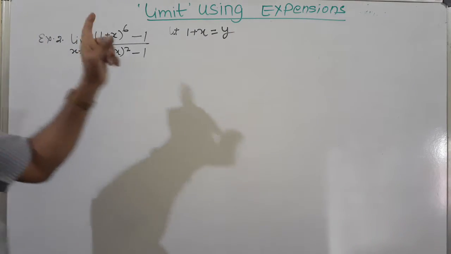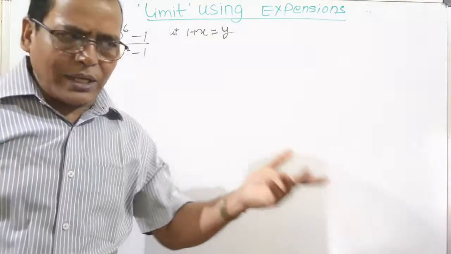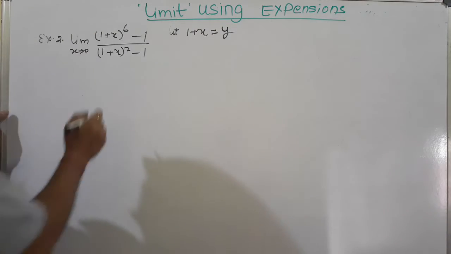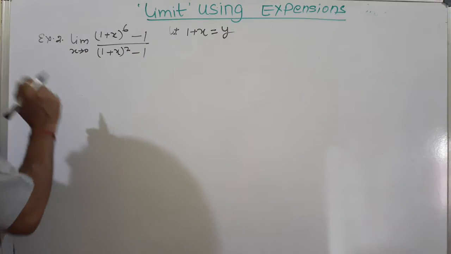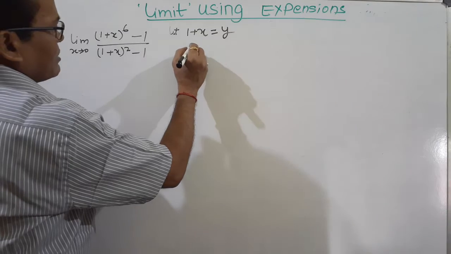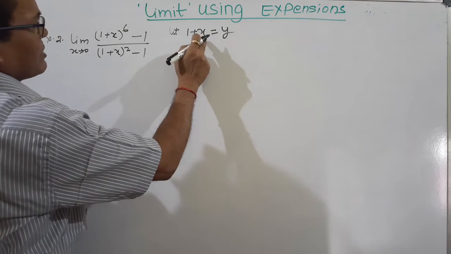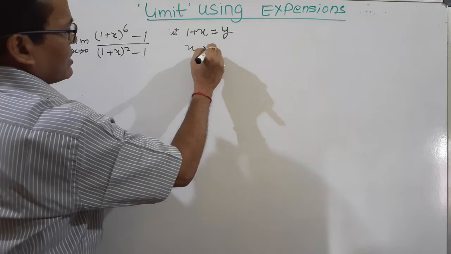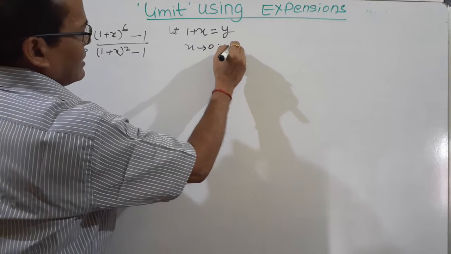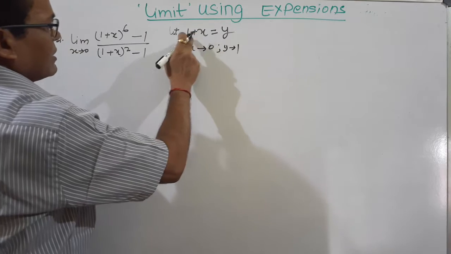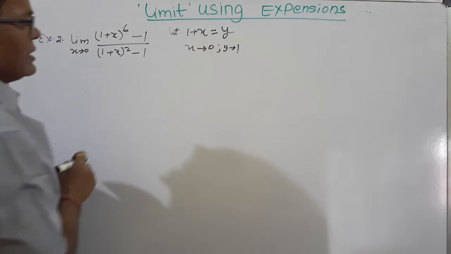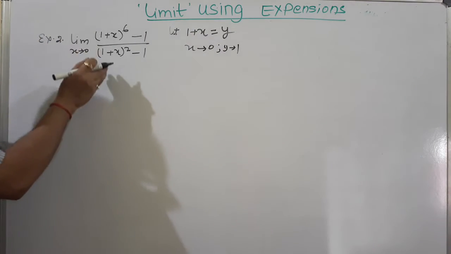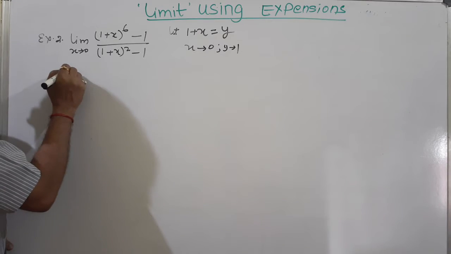In place of 1 plus x you put y. Then if x tends to 0, y tends to 1, because 0 plus 1 is 1. So the same question we will write in a different form.